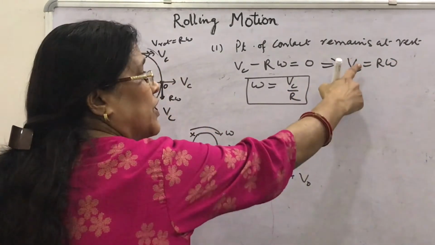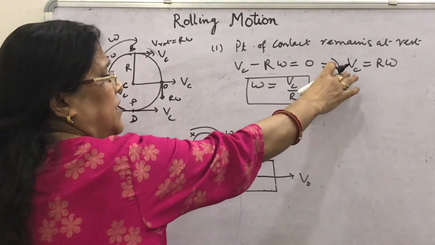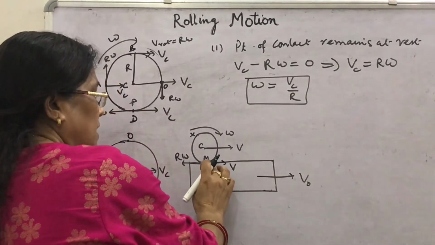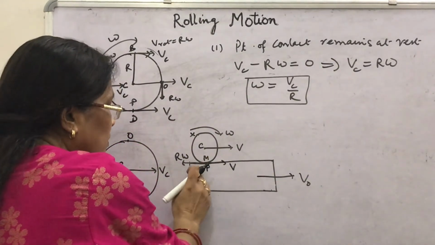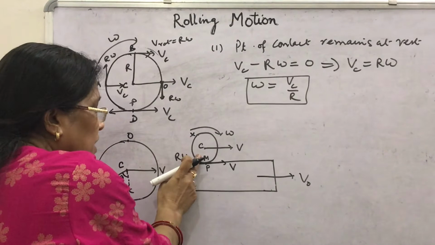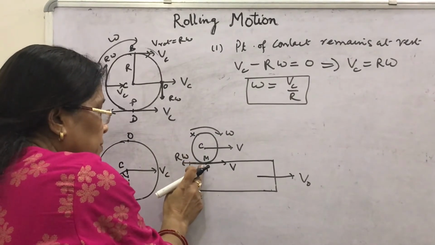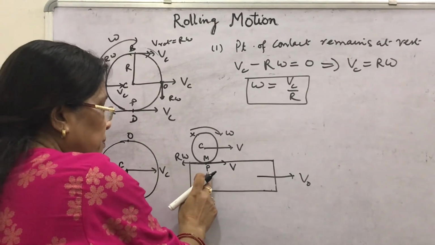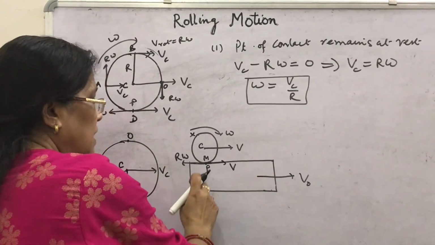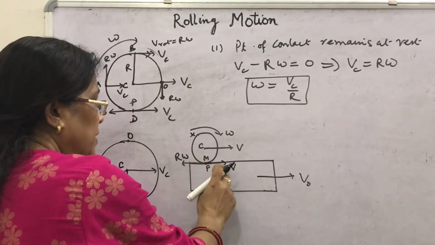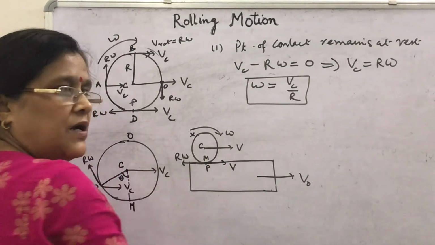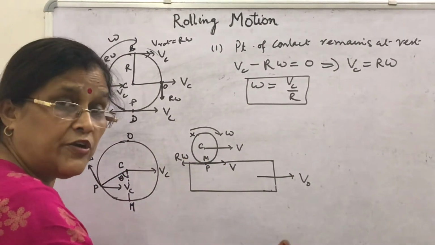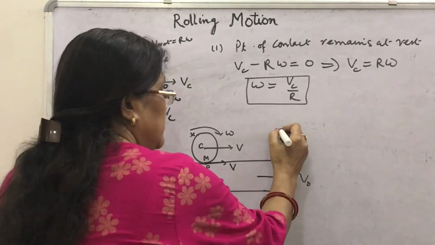There should be no relative motion, and no rubbing. Look here, the lowermost point of the object I have shown with M, and this is the platform point P. This point P has velocity v0, and what is the velocity at point M? This is v minus r omega. There should be no relative motion. Then what should we write here?